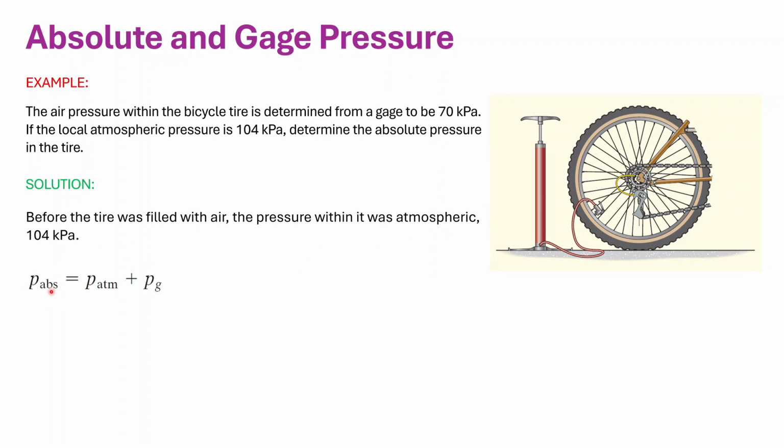If we use the formula P absolute equals P atmosphere plus P gauge, then P absolute equals 104, which is the atmospheric pressure, plus the gauge pressure that was 70 kilopascals, and the answer is 174 kilopascals.